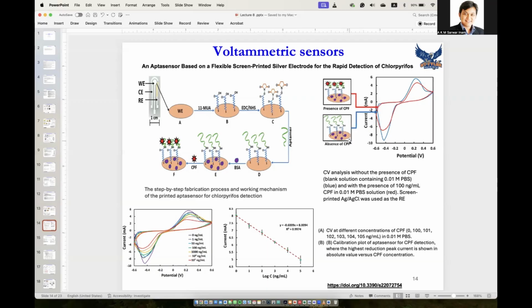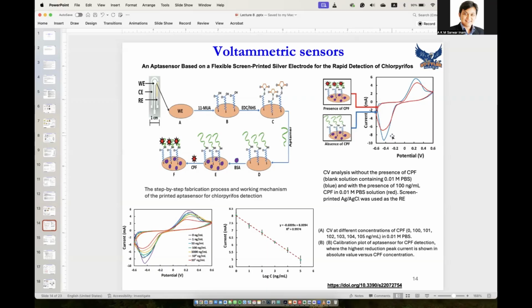So here is the mechanism of the sensor. You can see in this figure the working principle of the APTA sensor. We're calling it APTA sensor because we're using the aptamer. This is one kind of biosensor, but we are specifically calling it an APTA sensor.